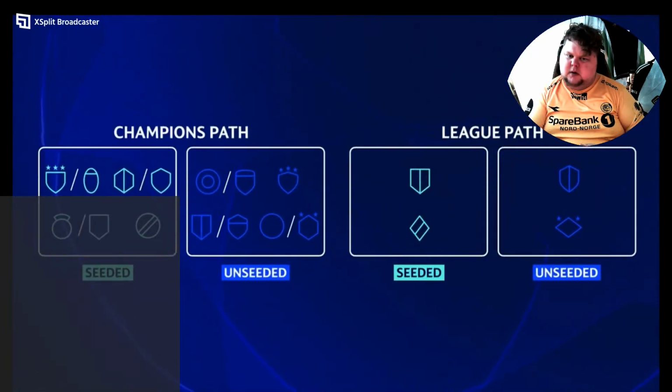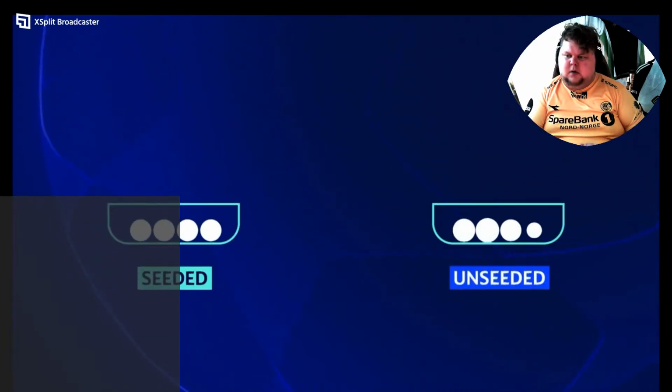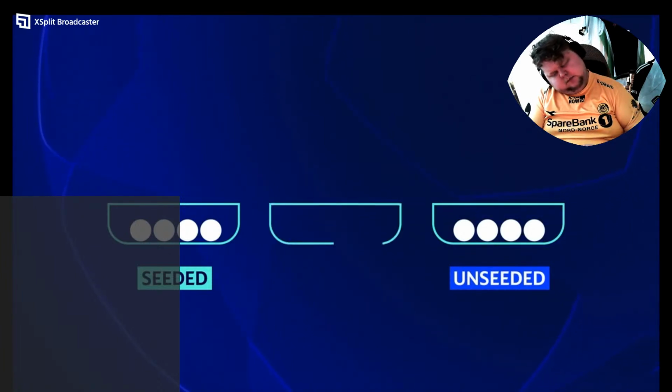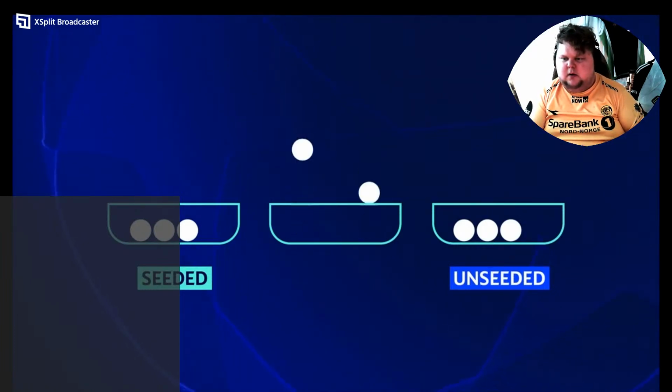The groups will be formed in order to respect all of the principles. The ties are determined by means of a draw. Two bowls are prepared, one for the seeded teams and the other for the unseeded. One ball will be taken from each bowl and placed in a central bowl where they will be shuffled and drawn again.